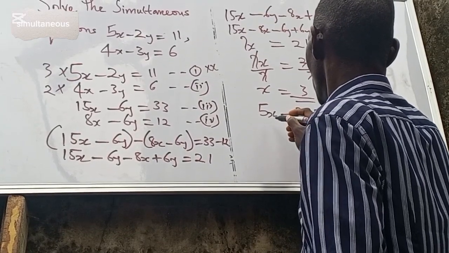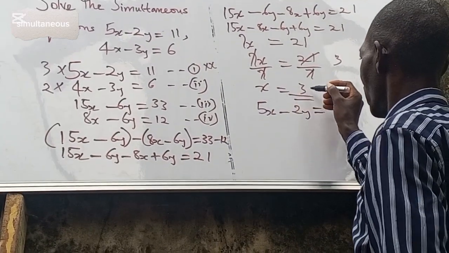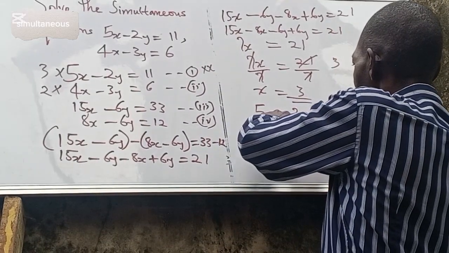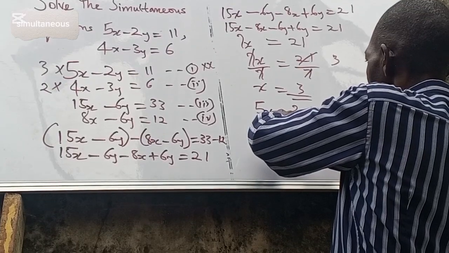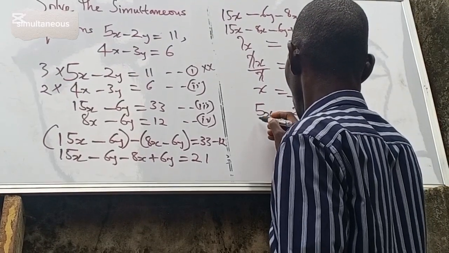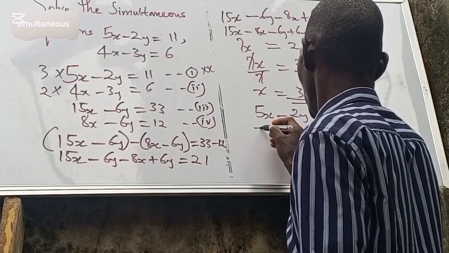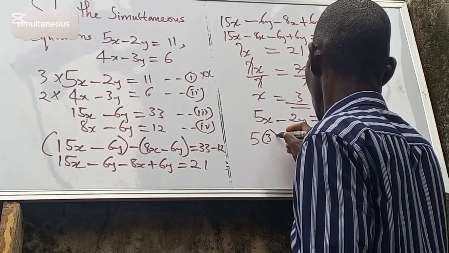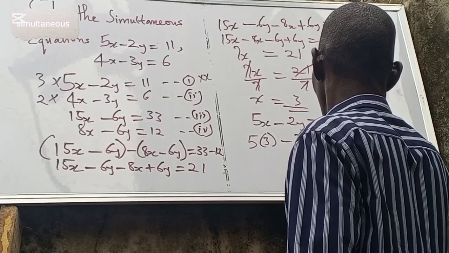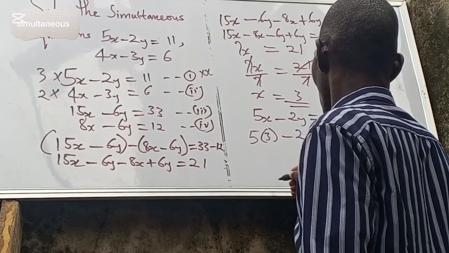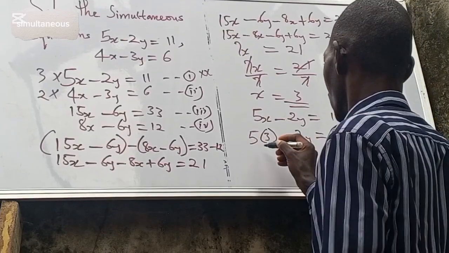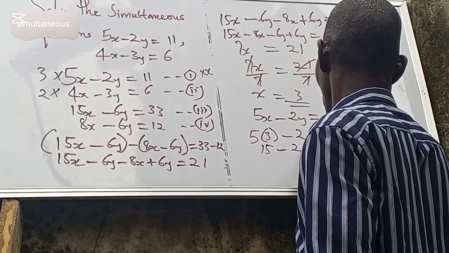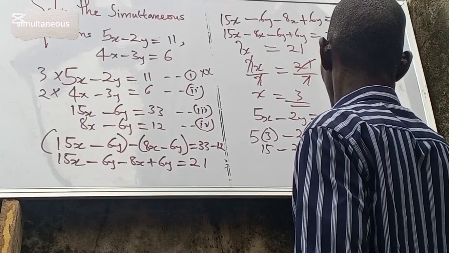Here we have gotten our x, and y is what we want to get. So wherever you see x here, you put 3 there. We have 5 times 3, since our x is 3, minus 2y is equal to 11. 5 times 3 is 15, minus 2y is equal to 11.